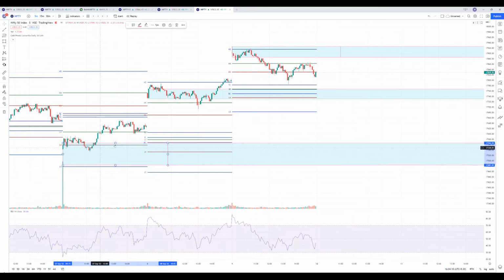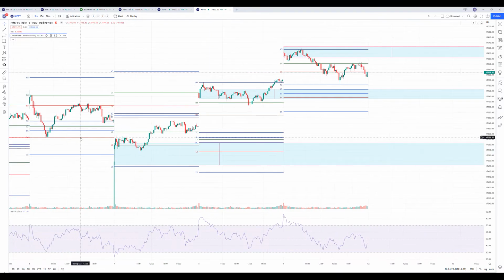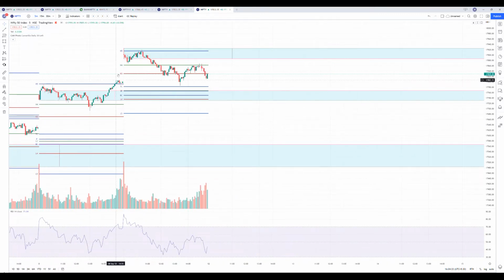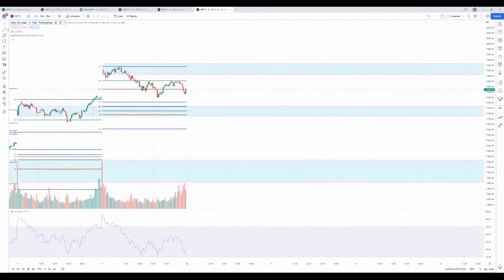So this is the kind of thing we should use for our intraday. With the Camarilla, I'm just suggesting certain other points which can be useful for your intraday trading.